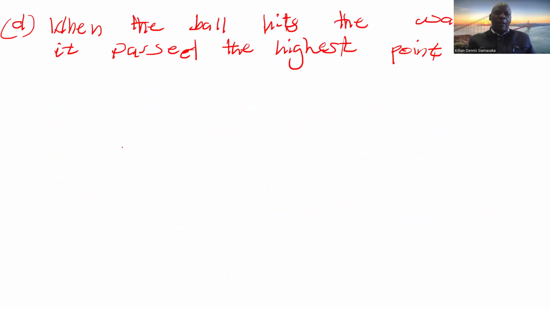So now, when the ball hits the wall, does it reach the maximum, the highest point? Has it passed the highest point?